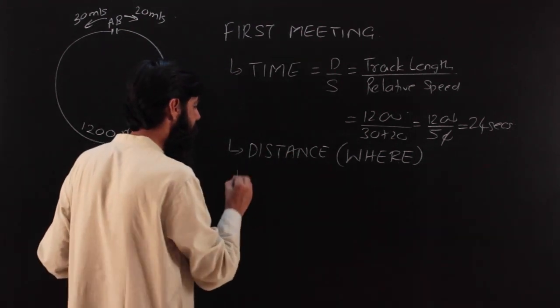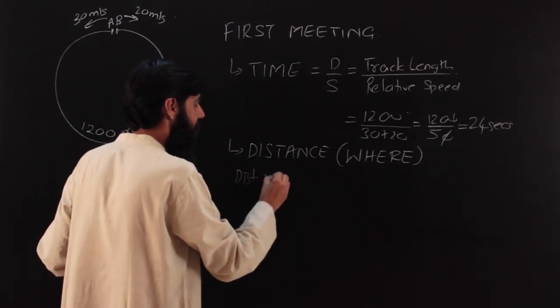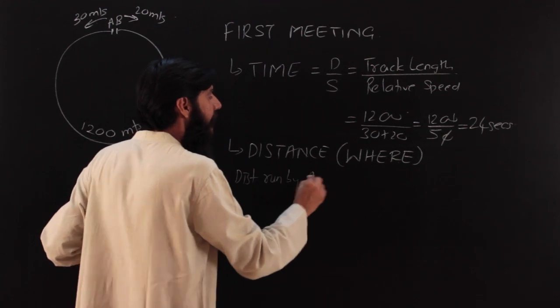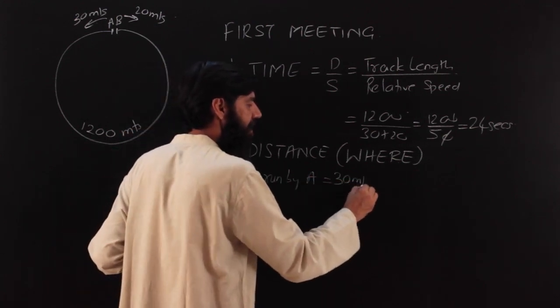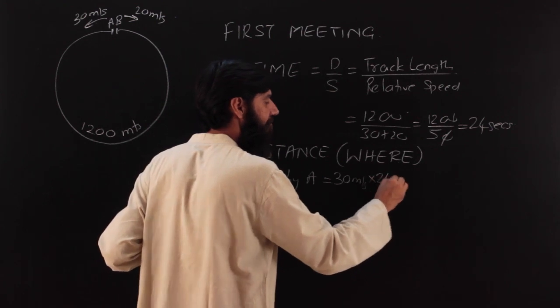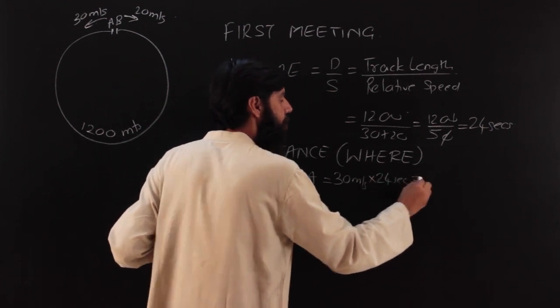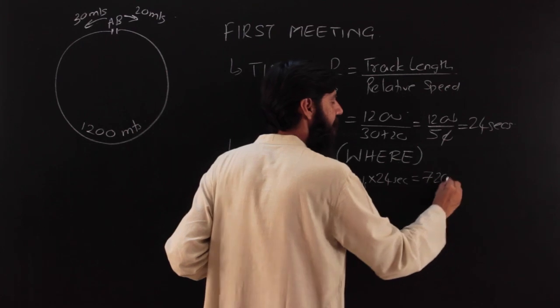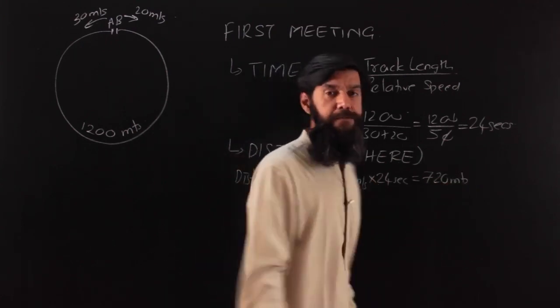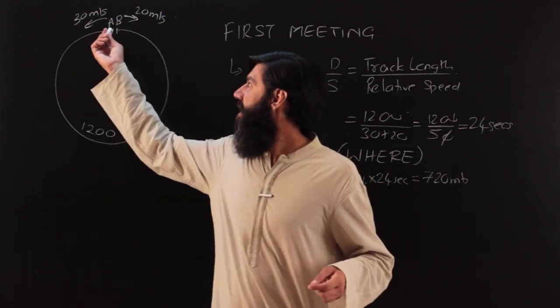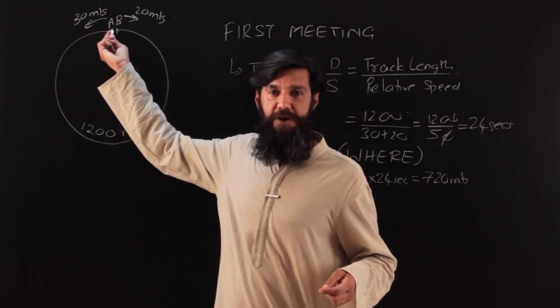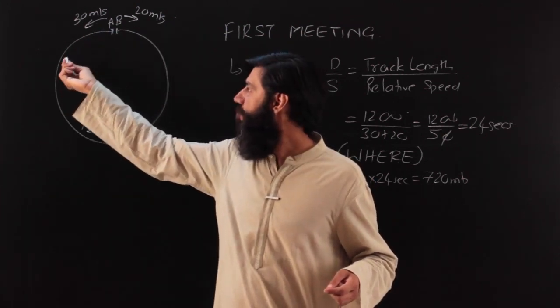So let's find the distance run by A. The speed of A is 30 meters per second, and we have a time of 24 seconds for the first meeting. So he will run a distance of 720 meters. Now, we are talking about A. A is anti-clockwise. So A starts at this point and is going to run 720.